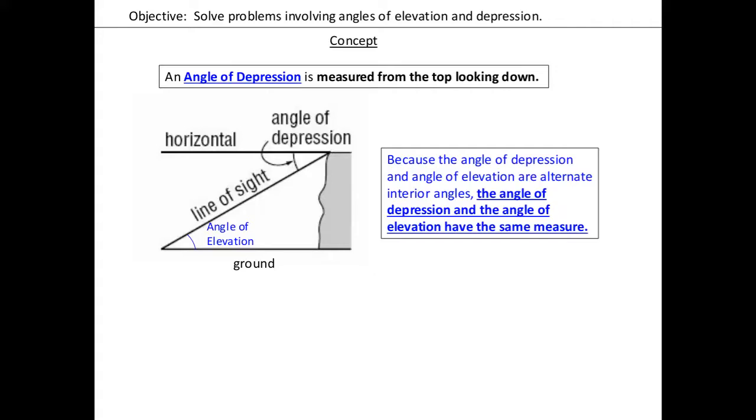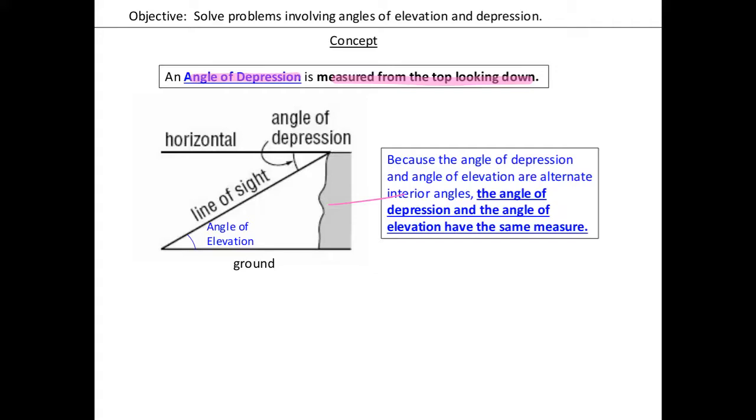Because of that, we have these angles of depression. An angle of depression is measured from the top looking down. You can remember depression: when you feel depressed, you're feeling down. So with an angle of depression, you're looking downwards, but specifically it has to go with the horizontal line.